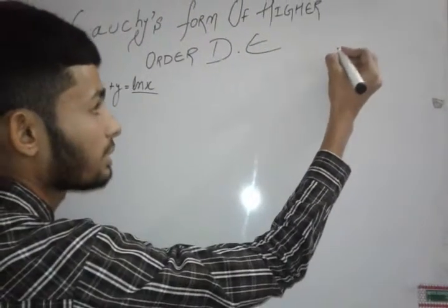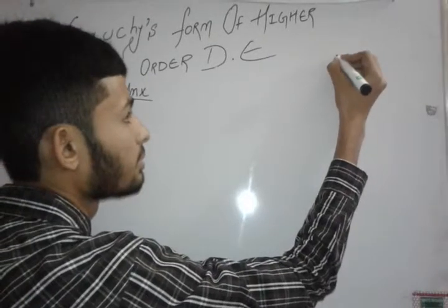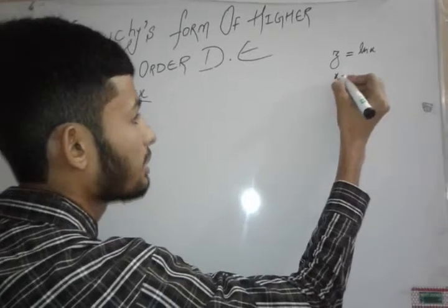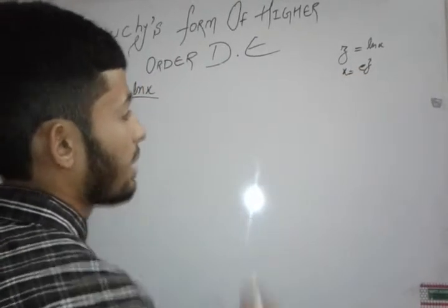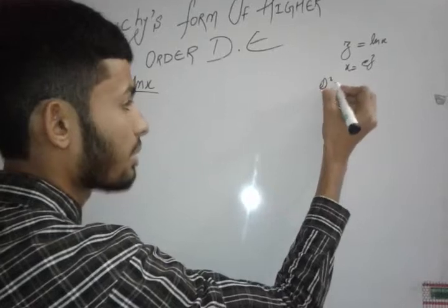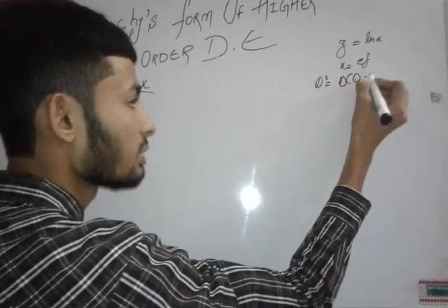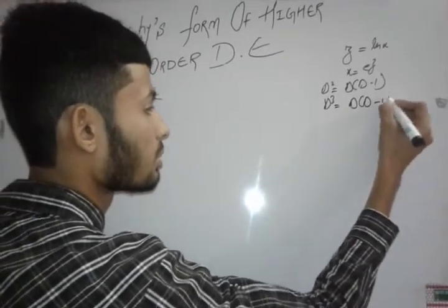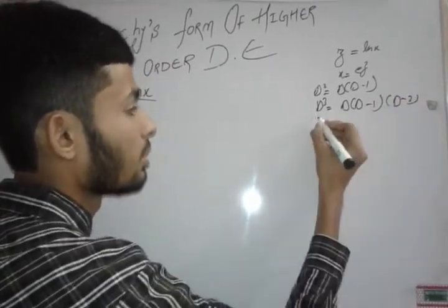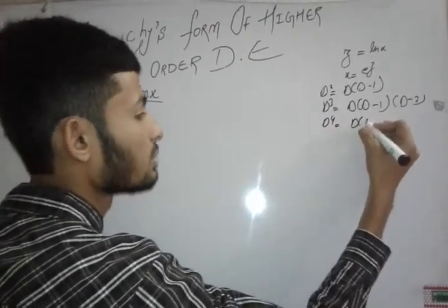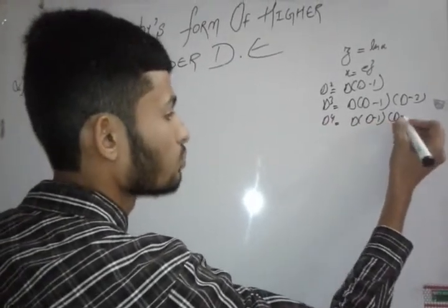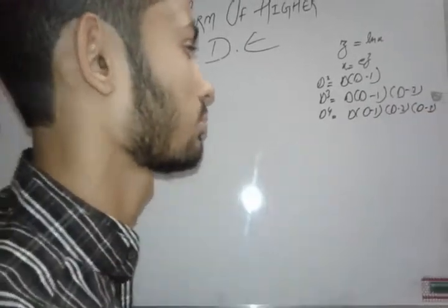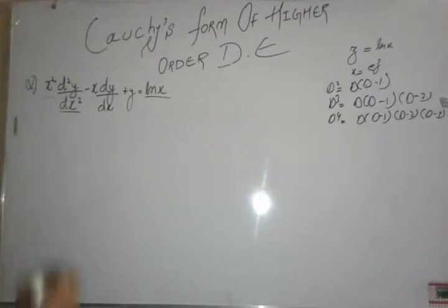Then the form of z is equal to ln x, and x is equal to e to the power z, and here D square will be equal to D into (D minus 1), D cube will be equal to D into (D minus 1)(D minus 2), D4 will be equal to D into (D minus 1)(D minus 2)(D minus 3), and so on for other powers, with respect to the order of the derivatives.